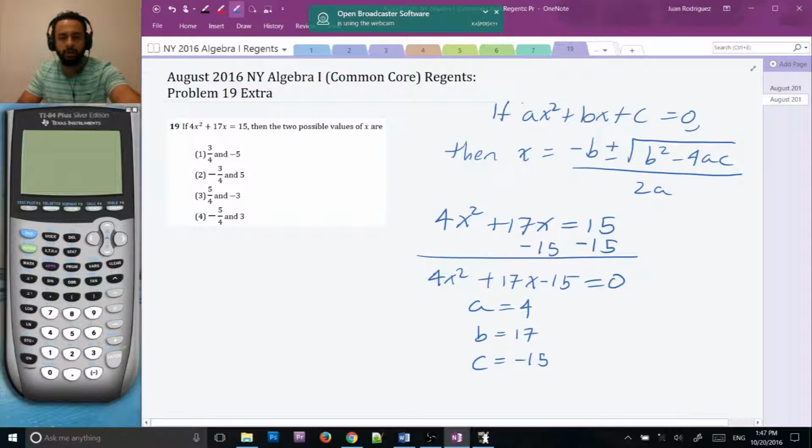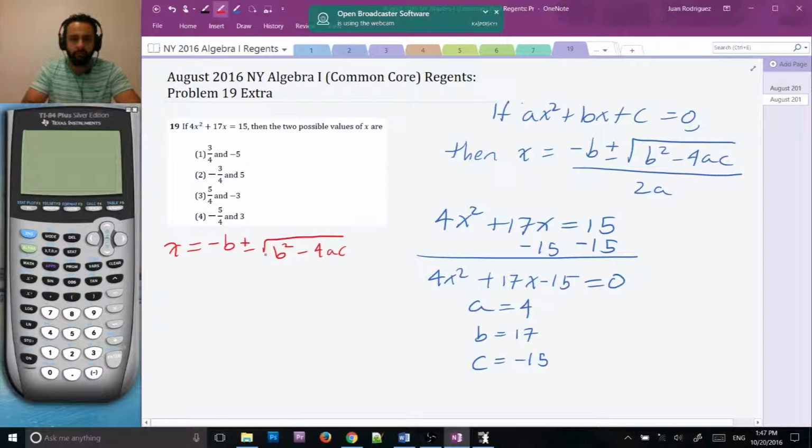Okay, so I'm going to go through my quadratic formula now. So x equals negative b plus or minus the square root of b squared minus 4ac, all over 2a. Okay, so we plug in.